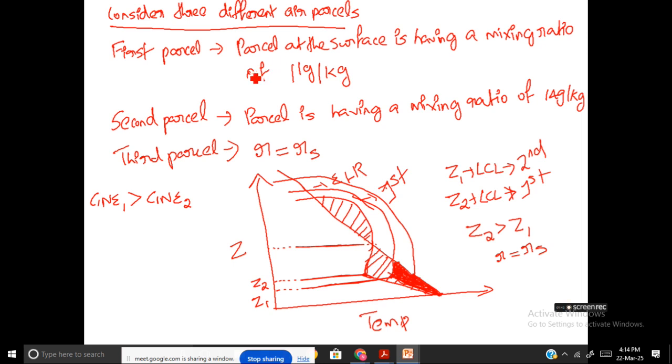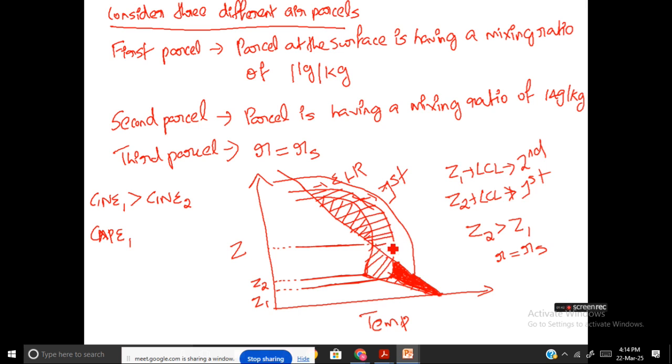Now if we look at the CAPE, this is the CAPE in case of the first air parcel, CAPE 1, and this area is the CAPE of the second air parcel. It is much higher than the area of the first.